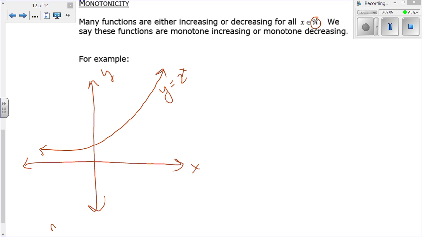This would be monotone increasing because the function is always increasing from left to right.